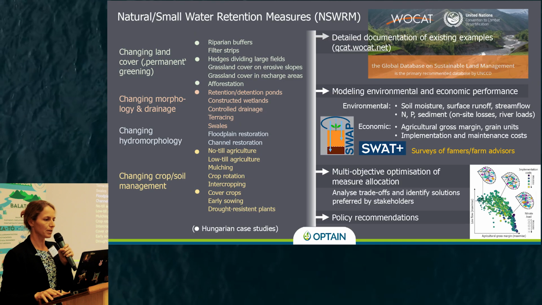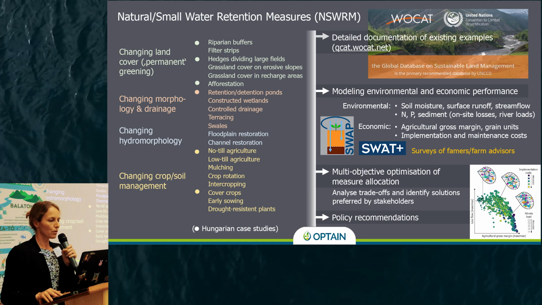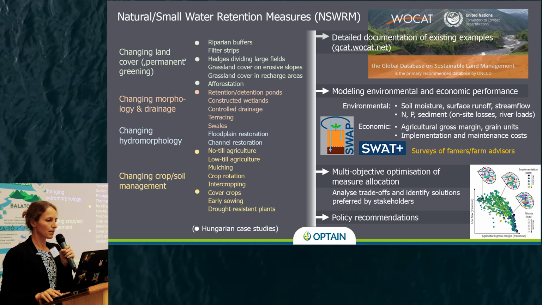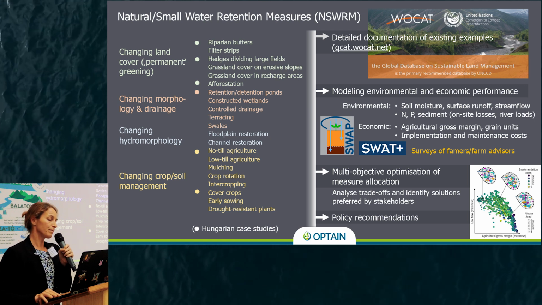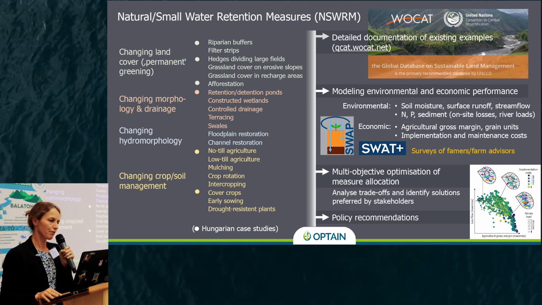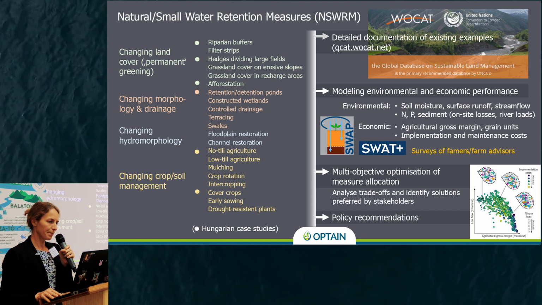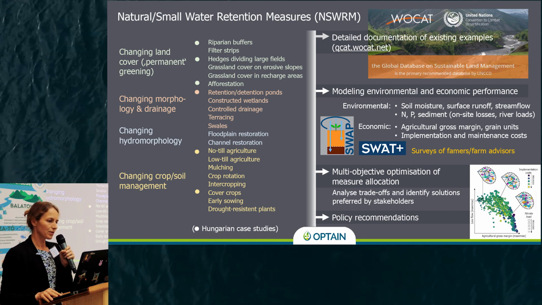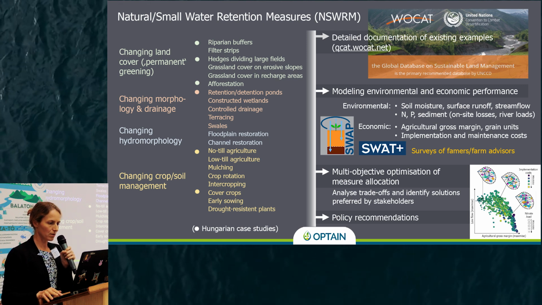Then a little bit more exact information. So for the Hungarian case studies, among the, let's say, possible measures which were identified by the project, we have riparian buffers, hedges dividing large fields, afforestation, retention, detention ponds, no-till agriculture, and cover crops.